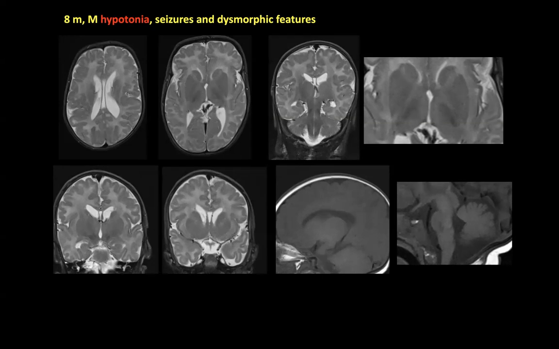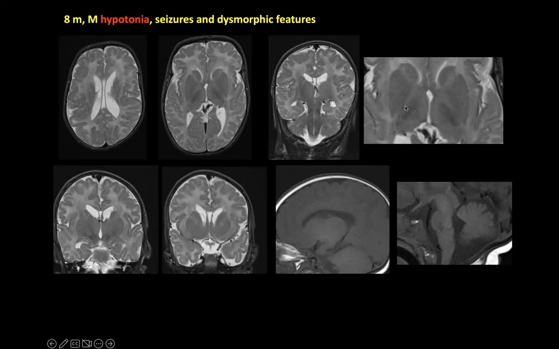And I want to show you this case typically presenting in neonate or infant. In this case it was an infant 8 months old with hypotonia, seizure, and dysmorphic features. So when you see dysmorphic features, think neurogenetic again, and look very carefully at this brain. First of all, I told you that in the neonate the PLIC, posterior limb of internal capsule, should be myelinated.